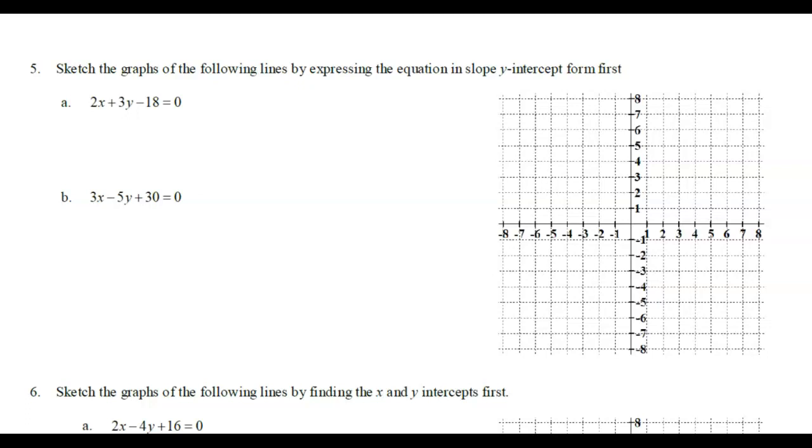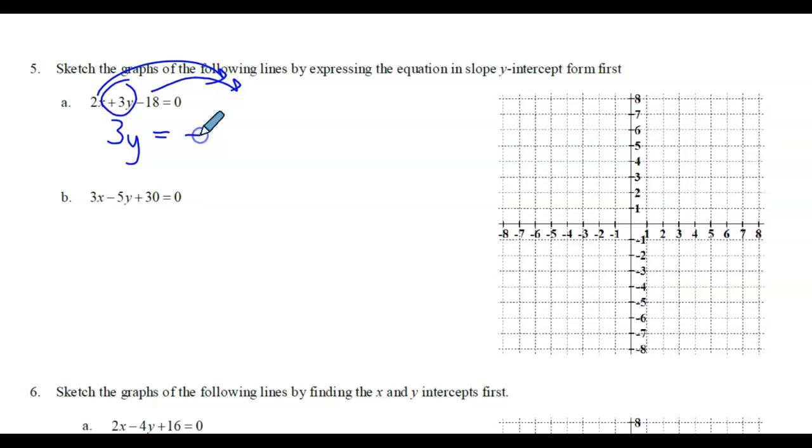So first part, question 5, sketch the graphs by expressing the equation in slope y-intercept form. So that means solve for y. I always circle the term that has y in it. I've got to keep that by itself. I bring the other terms to the right, the opposite of putting it in general form.